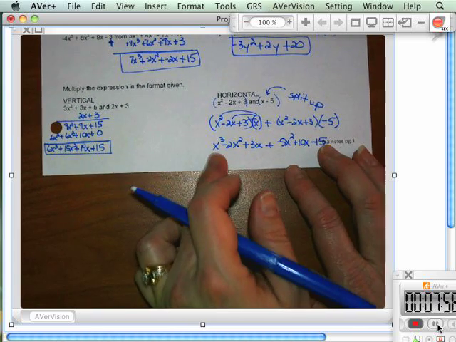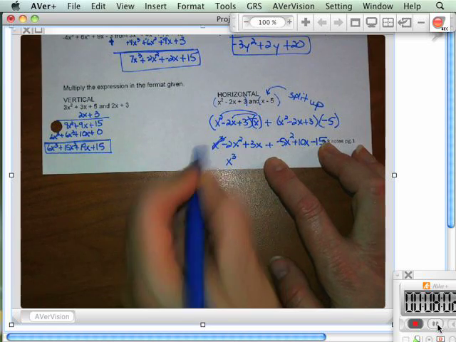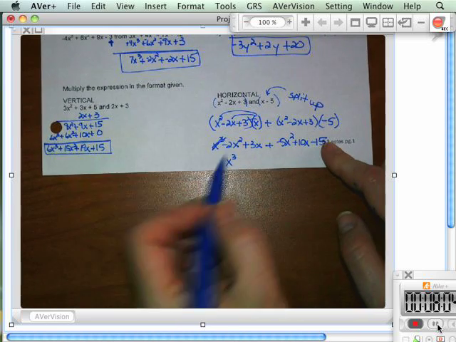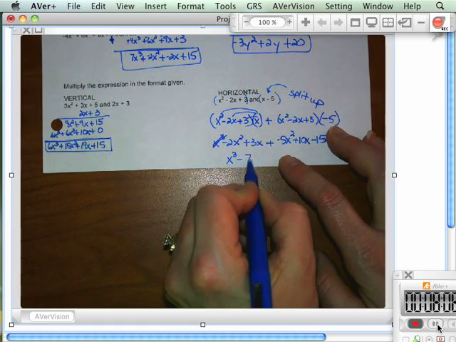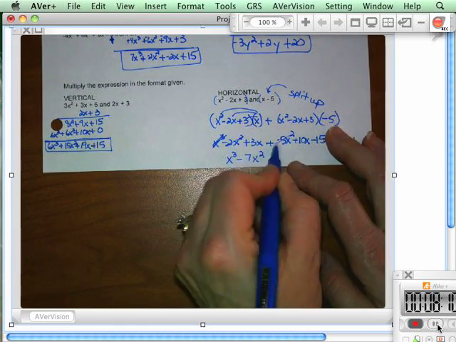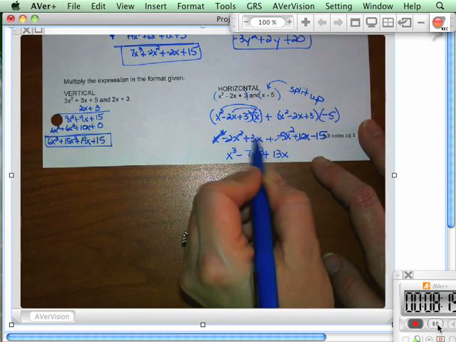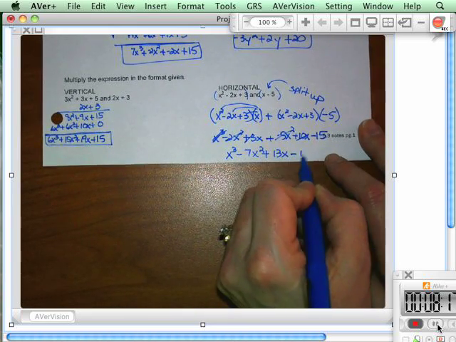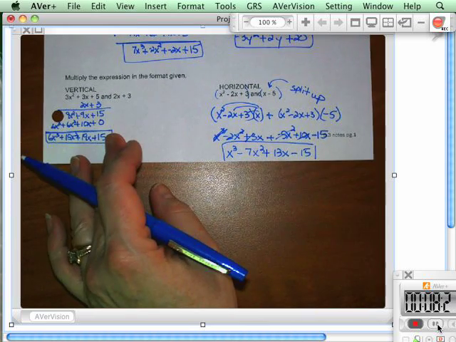There is no other x cubed, so that's going to be part of my answer. I'll cross that off. There's a negative 2x squared plus a negative 5x squared, which is a minus 7x squared. Cross those off. Plus 13x. Cross those off. And minus 15. And then that would be the product of those two polynomials.